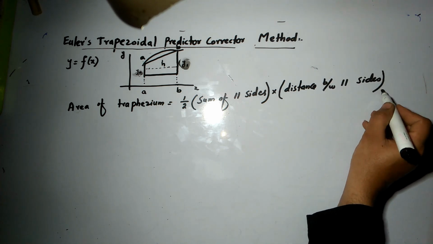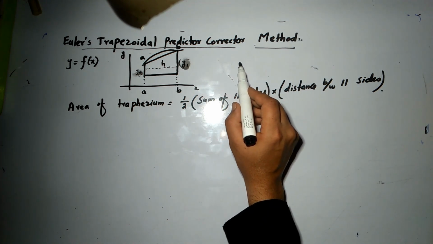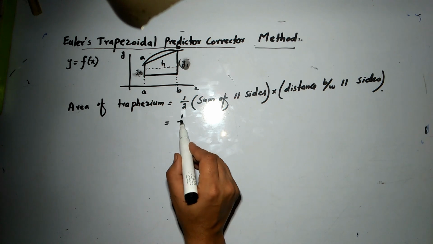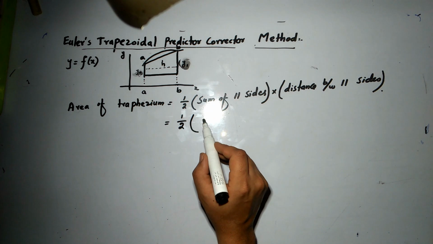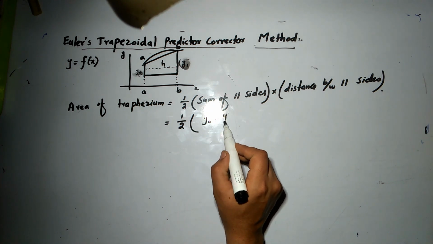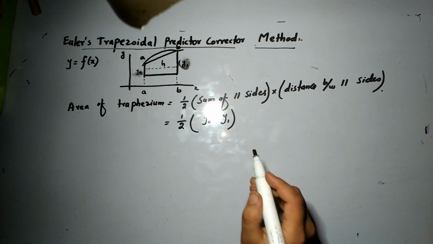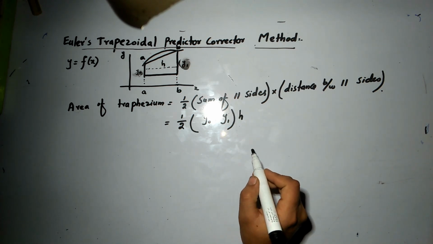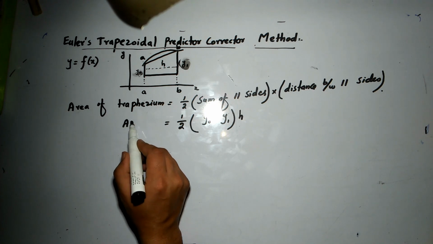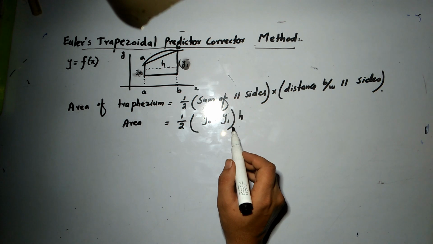So in this diagram, this will be equal to 1 over 2 times the sum of the parallel sides, as discussed earlier, y0 plus y1, multiplied by the distance between the parallel sides, which is h. So the area of the trapezium is 1 over 2 y0 plus y1 times h.